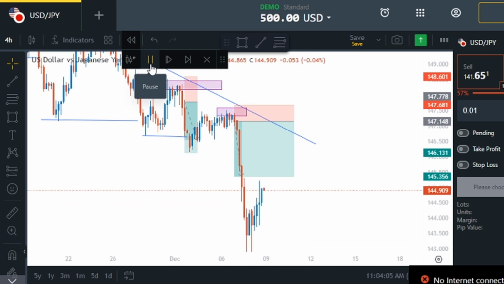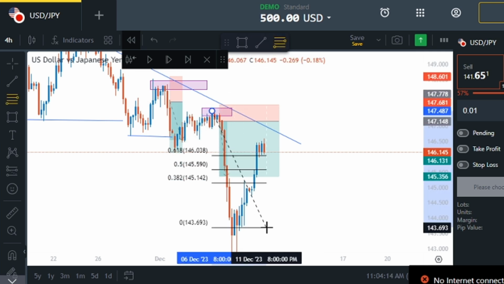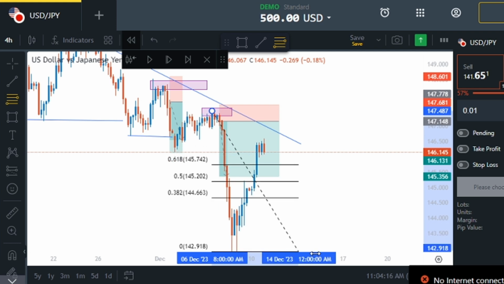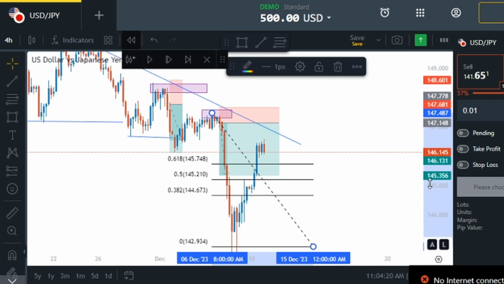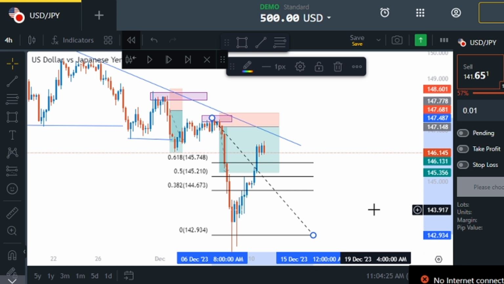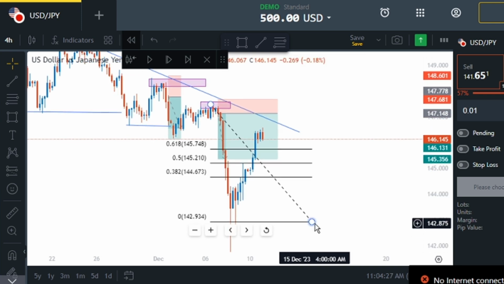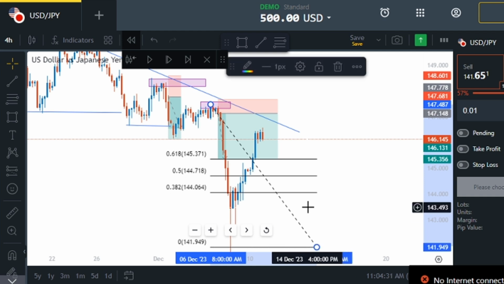See, the market came all the way up again. So we also look for our Fibonacci again. Then we draw. Remember what I told you, that at times the market will manipulate the Fibonacci traders, those who trade the Fibonacci levels, to take you out of the market, then it will go in your favor again.